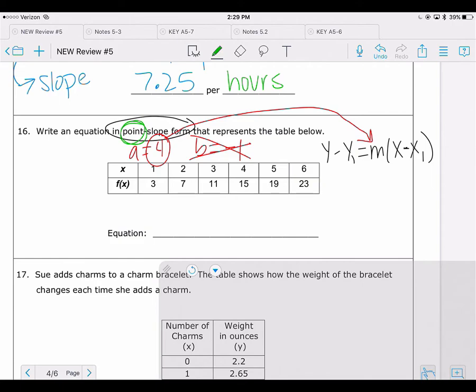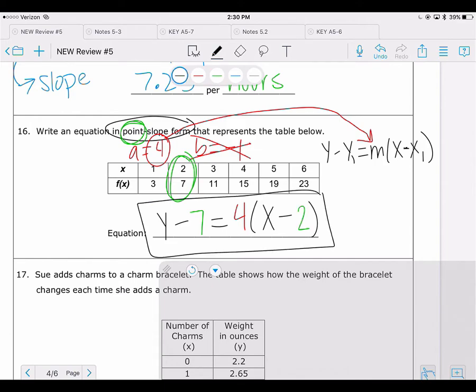Down below, we have quite a few different points, so we can pick any point that we want. I'm going to use (2, 7). You could use (1, 3), (3, 11), (4, 15), or so on. So in point-slope, y minus my y point equals the m we found from our calculator times x minus my x point, and I'm done.